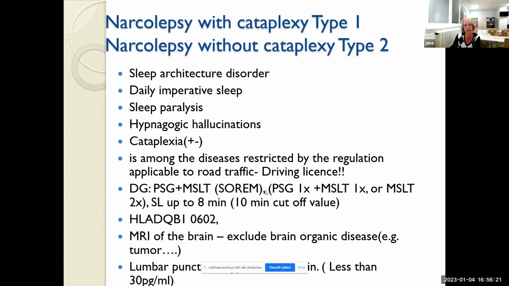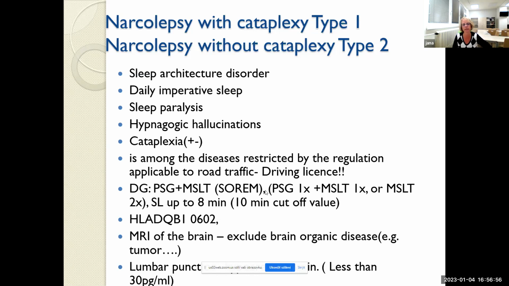So in these sleep latency tests, which are 5 times during the day, 30 minutes each, measured every 2 hours, if the patient falls asleep, we are of course concerned how quickly the patient falls asleep and whether REM sleep is there or not. Normal REM sleep comes in for the first time after 90 minutes of sleep.